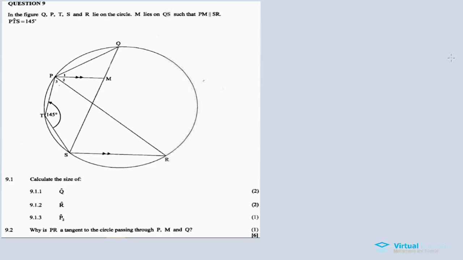Now in question 9, they say in the given figure, Q, P, T, S, and R are points around the circumference of the circle.